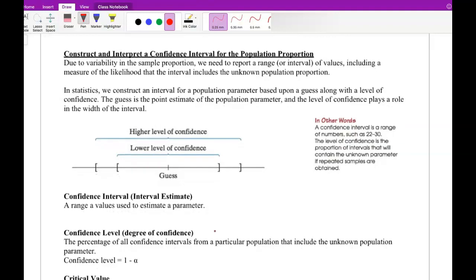Then on this part we need to construct and interpret a confidence interval for the population proportion. So population proportion was this one. Let me write that here. This is the population proportion, p hat.